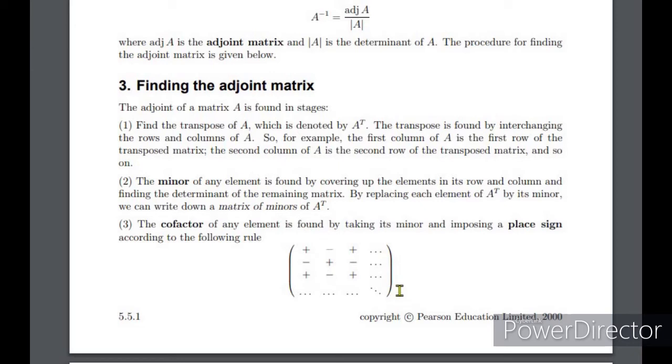For the first row, you have positive, negative, positive, and so on. It is only alternating. For the second row, it starts with negative, positive, negative, and so on. You will just alternate it. And for the third row, it is like the first row. So remember that rule.